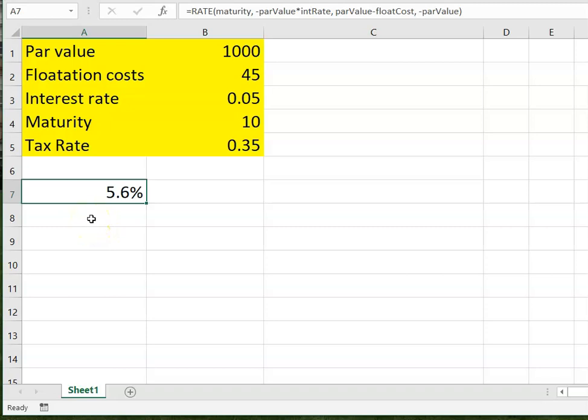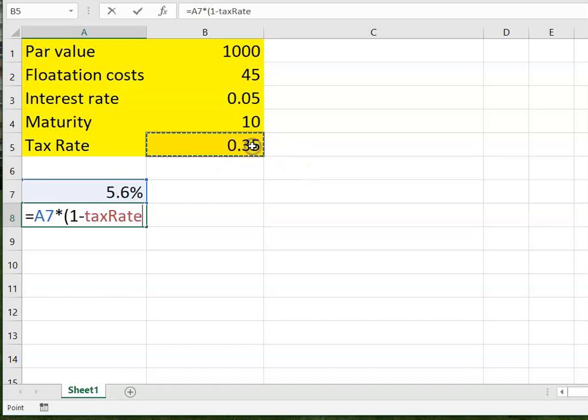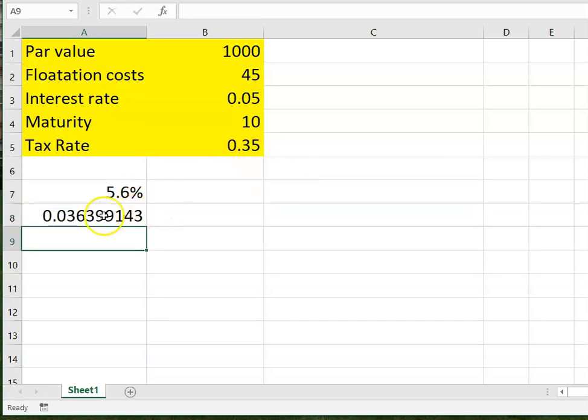What do we need to do? What's missing? Well, our cost of capital is actually equal to that amount times 1 minus the tax rate. And that's our cost of capital.